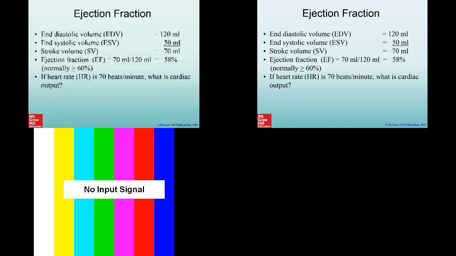Heart rate is normally around 70. So if your heart rate is 70 and your stroke volume is 70, what's the cardiac output? Yeah, 4.9 liters, 4,900 milliliters.